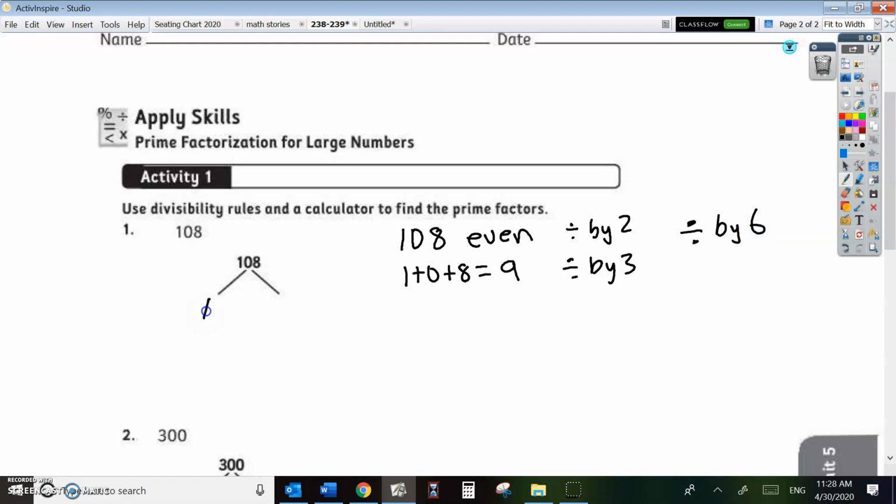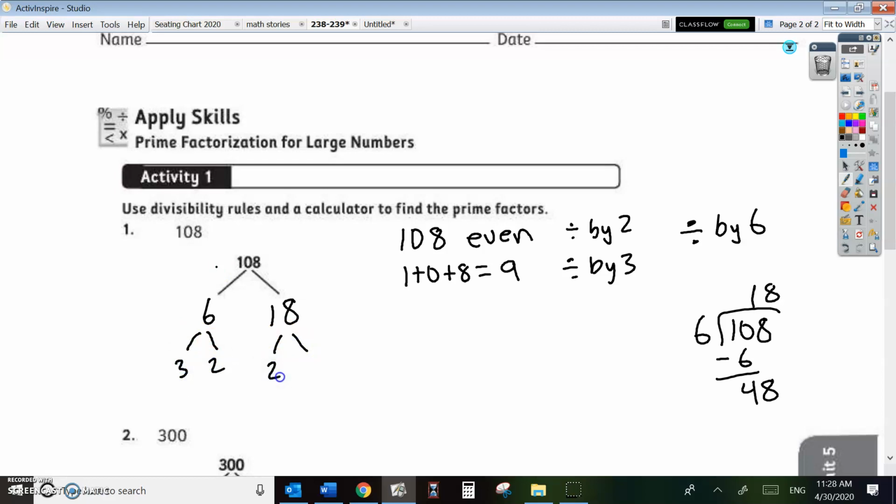So I want to use 6 right there, and then I'll do 108 divided by 6. That's going to be 18. And we can break 6 into prime factors, 3 and 2, and 18, 2 and 9, 3 and 3. 2 and 3 are all prime.